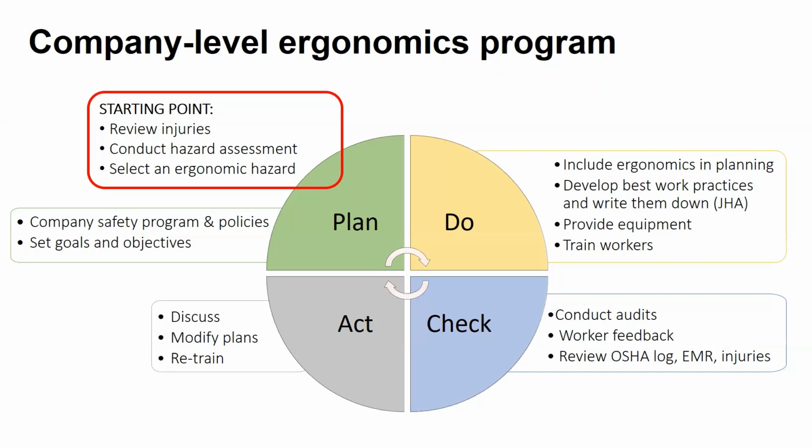Then check periodically. Review your program to assess its effectiveness by conducting work site audits, asking for worker feedback, and reviewing injuries and other indicators. Based on the results from check, you should then act by taking steps to modify the program, retrain workers, and create new activities.